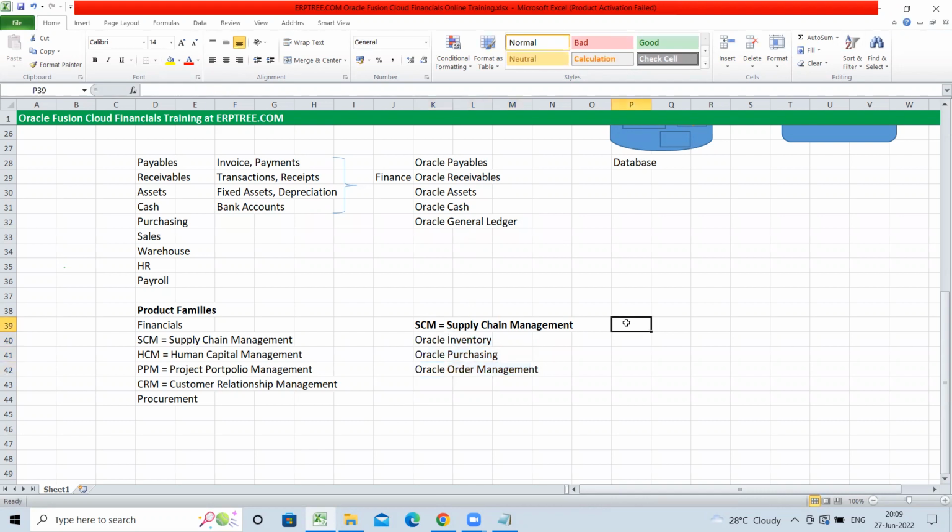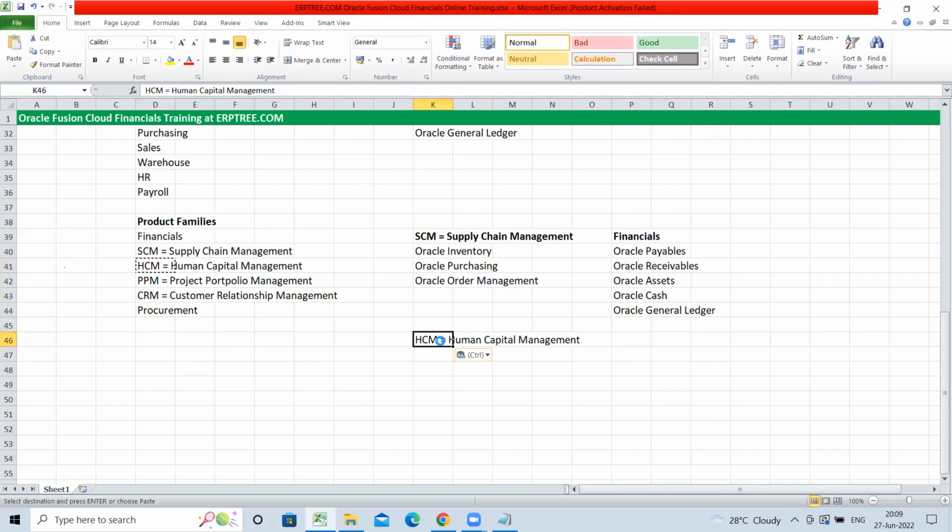Financials we already discussed. The same way, when you talk about HCM, we have a set of applications like the HR application, where HR means human resource, the payroll application, absence, talent, and time and labor.